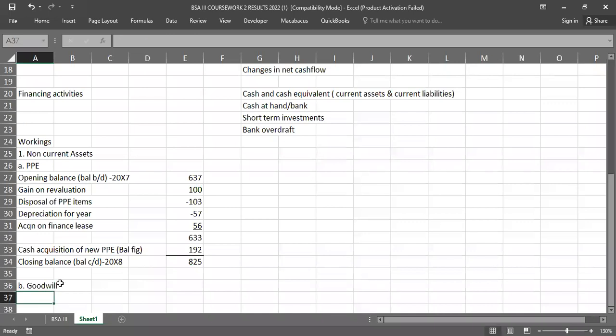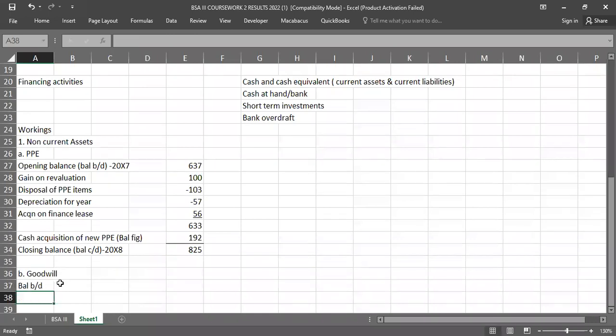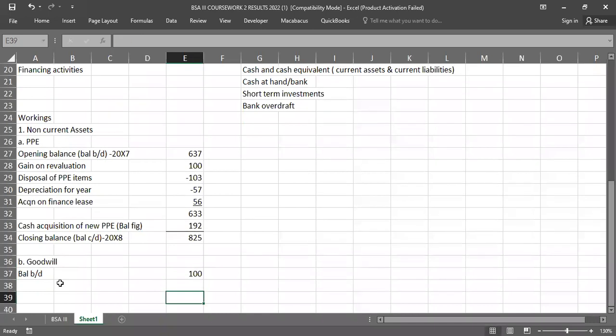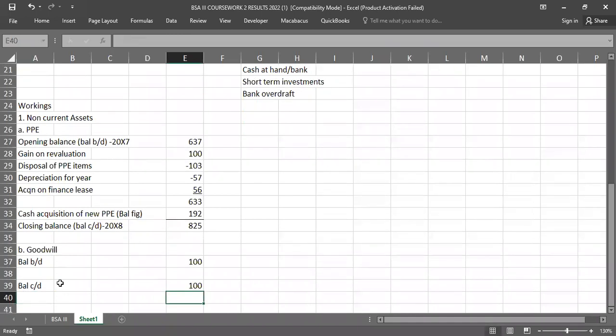Goodwill: you say the opening balance, balance brought down, is 100. Again, balance carried down is also 100. It says you acquired this before, meaning that since there was no change, they couldn't have acquired it this year.